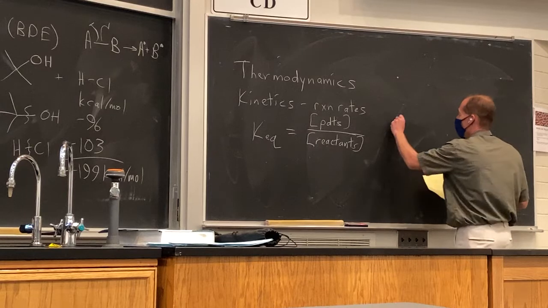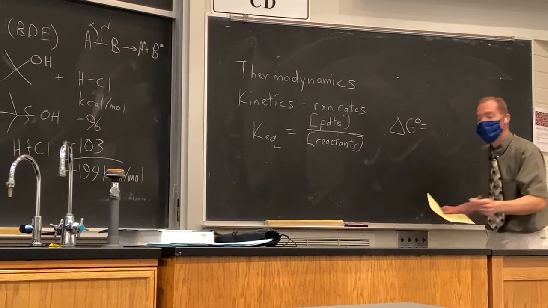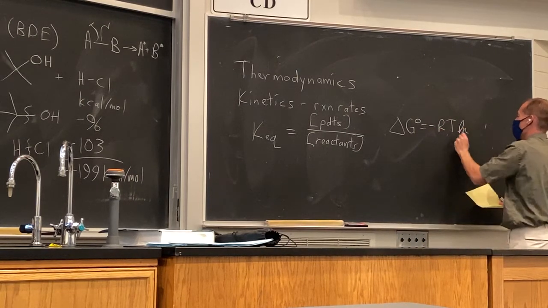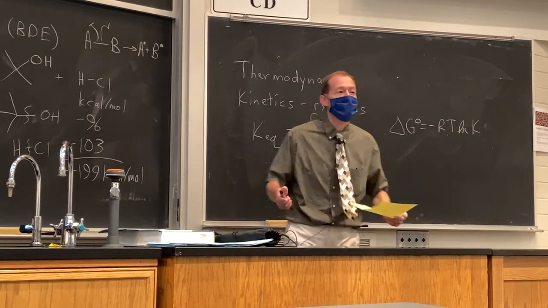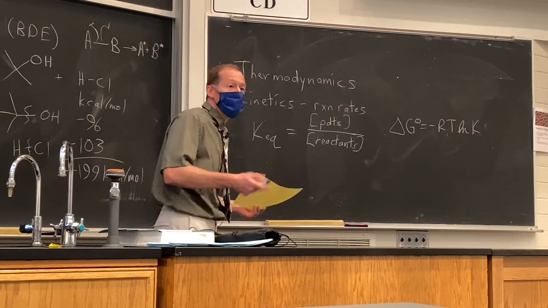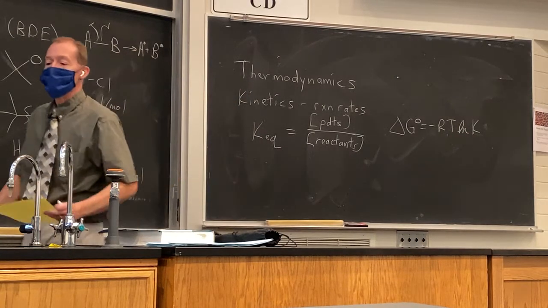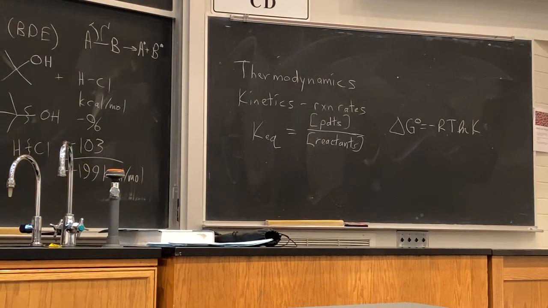Okay? Then we have an equation. We looked at this equation in chapter 4, and you're also familiar with it from general chemistry. Delta G naught equals negative RT ln K. This relates the Gibbs free energy of a reaction to the equilibrium constant. So does a favorable reaction have a positive or a negative delta G?